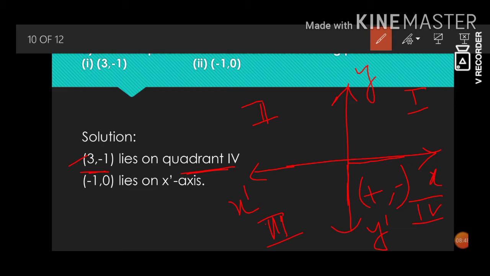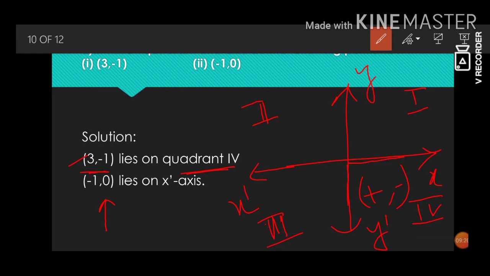Minus 1, 0. Whenever we have the value of any of the coordinates as 0, it always lies on one of the axes. If the y coordinate is 0, then it always lies on the x-axis. Here you can see the y coordinate is 0, so it lies on the x-axis. Now in the x-axis there are two parts. First part is the positive side of x. The second part is the negative side of x, which we call x dash.